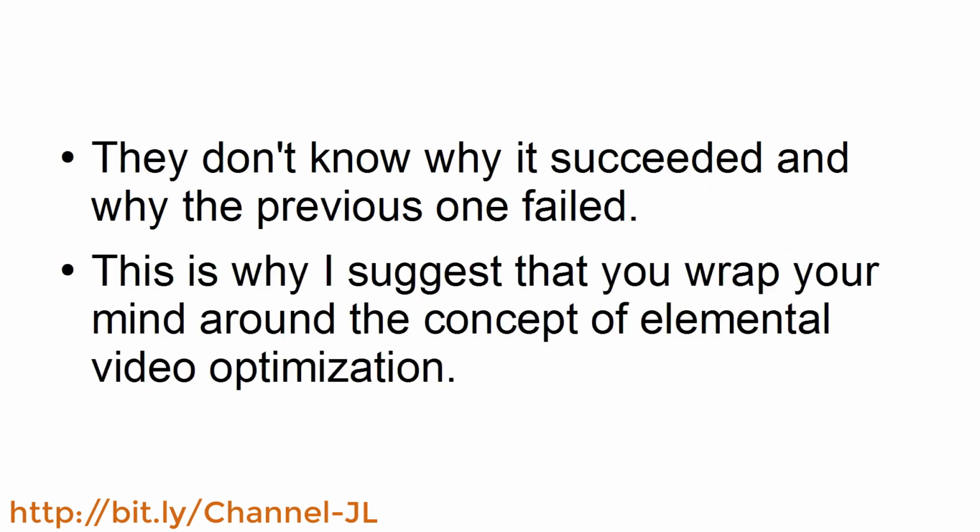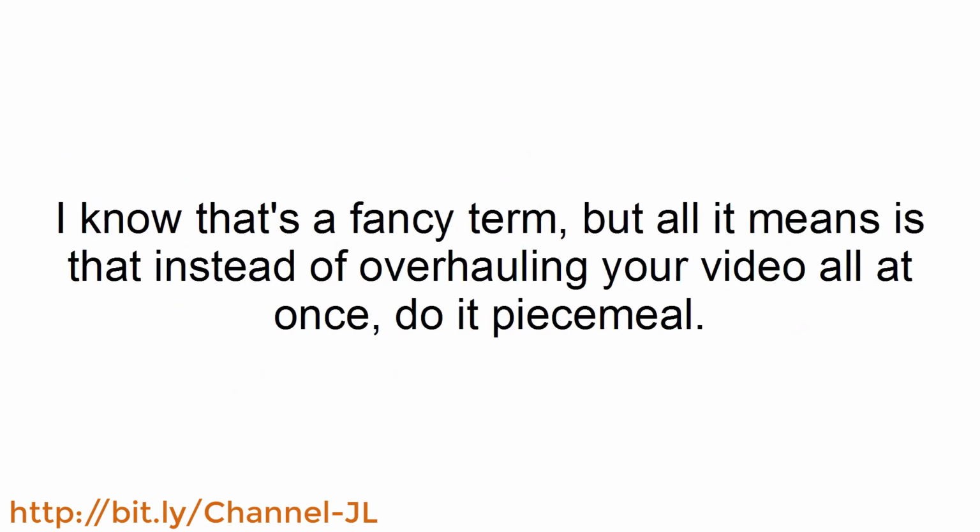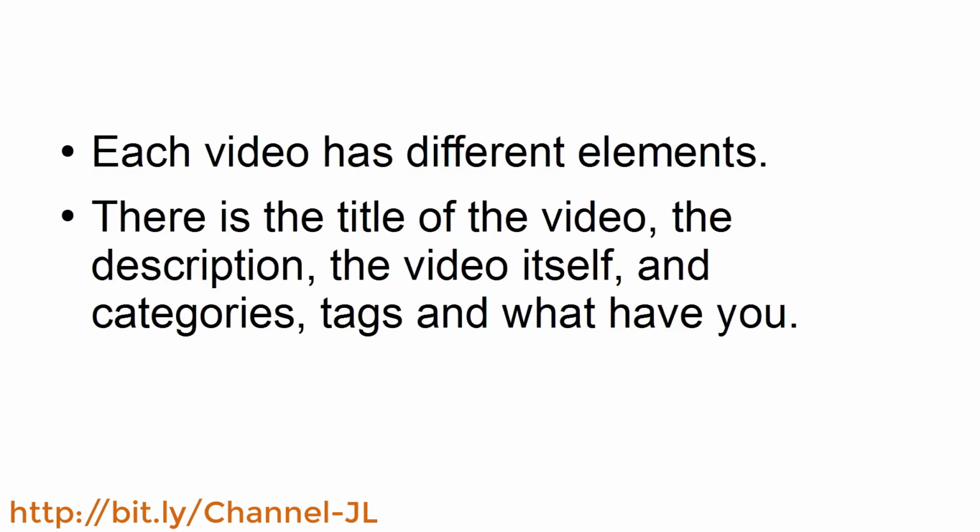This is why I suggest that you wrap your mind around the concept of elemental video optimization. I know that's a fancy term, but all it means is that instead of overhauling your video all at once, do it piecemeal. How do you know which part to change? It's very simple. Each video has different elements. There's the title of the video, the description, the video itself, and categories, tags, and what have you.